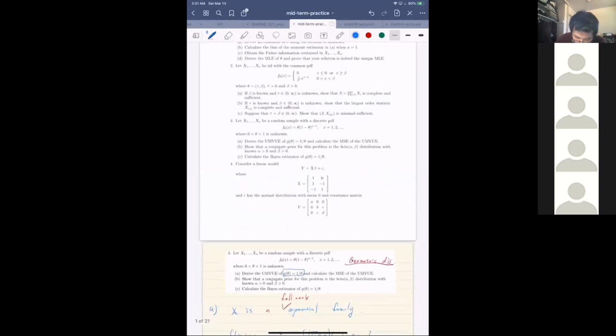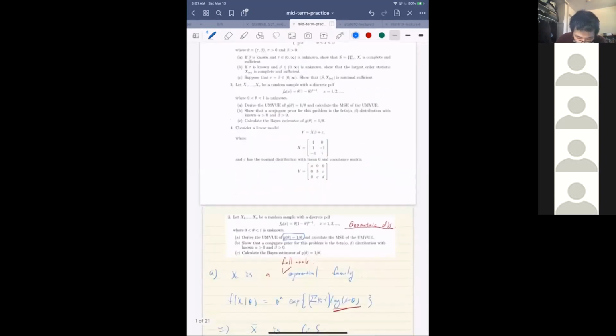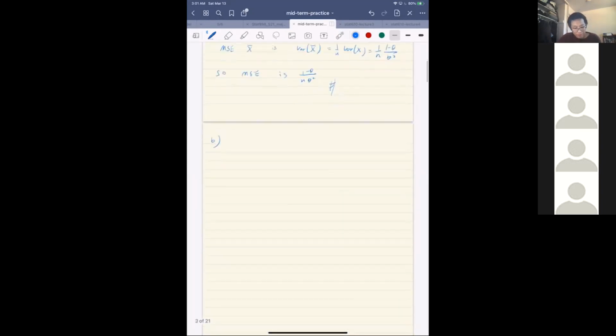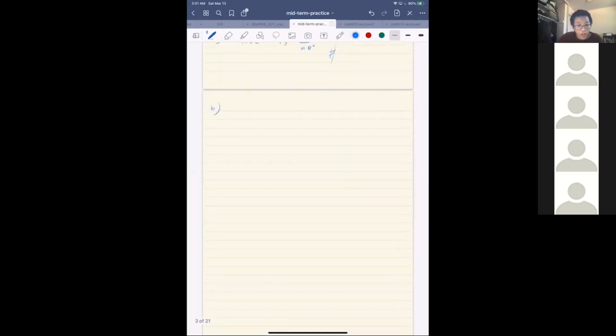And then, okay, conjugate pair. If we have a prior, it's a beta distribution with parameters alpha and beta. Then we want to show that this pair is a conjugate pair. That means we want to show that the posterior also follows the beta distribution. So we know theta follows the beta(alpha, beta).